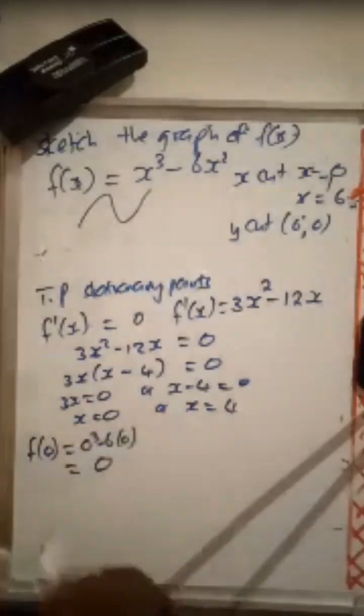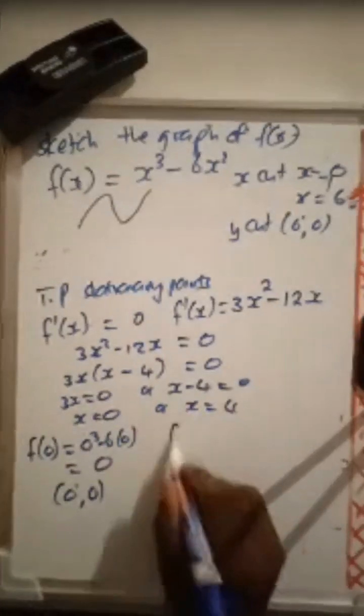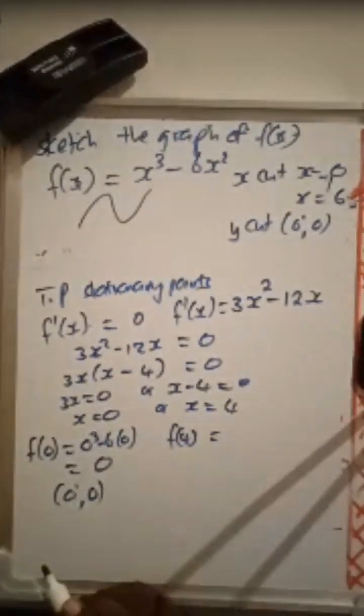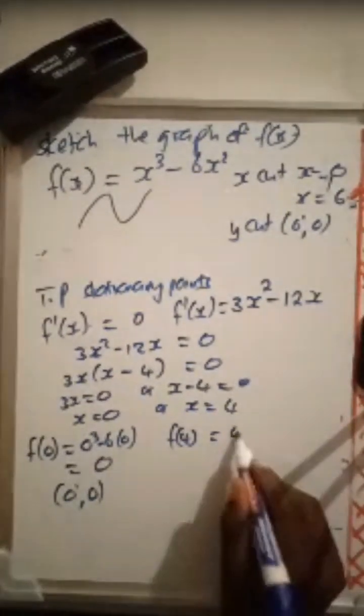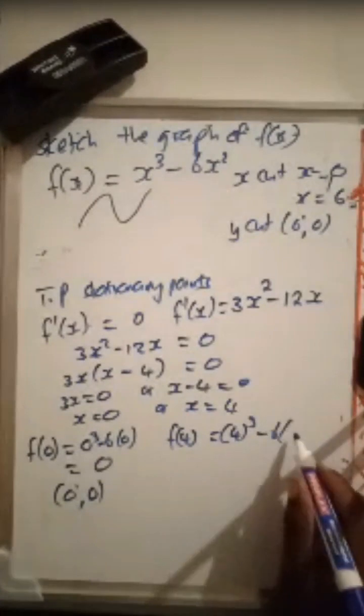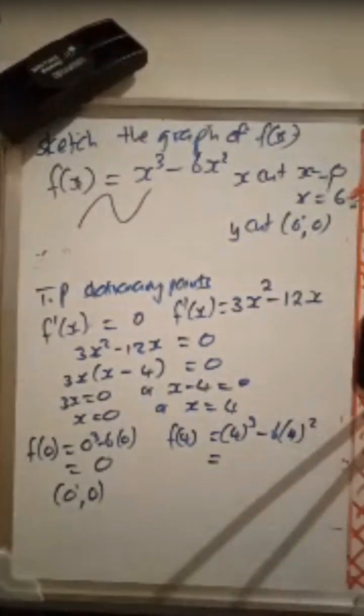So it means one turning point is going to be 0, 0. Then the other one, f of 4, in order to find the y coordinate, 4 cubed minus 6 multiplied by 4 squared. What do you get there? If you have a calculator, that is 64 minus 6 multiplied by 4 squared.